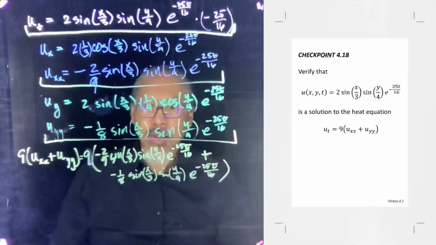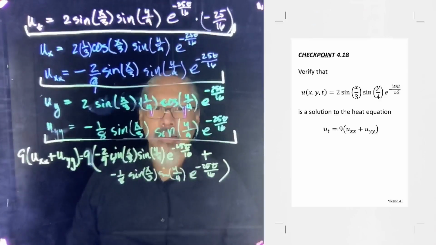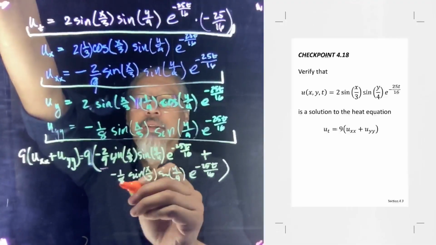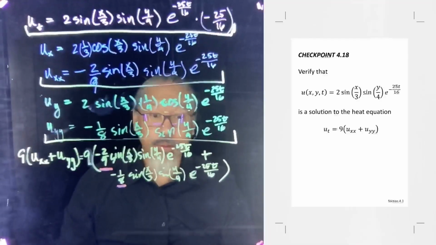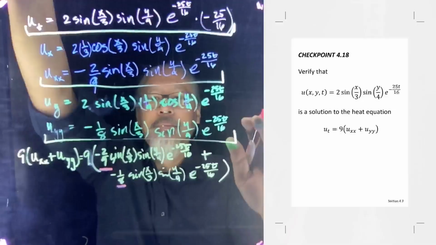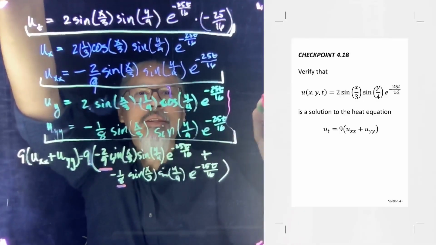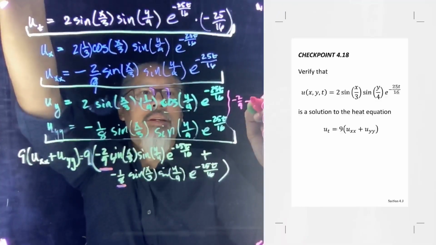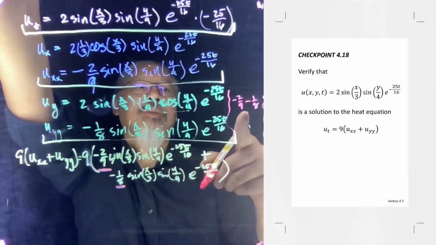Okay, so it looks like we have the same terms, except we have to add some constants. Let's focus on adding these two constants off to the side. Negative 2/9 minus 1/8. The common denominator is 72.